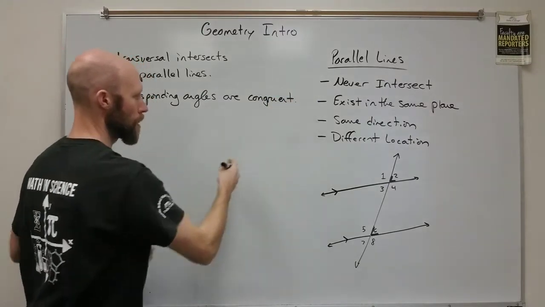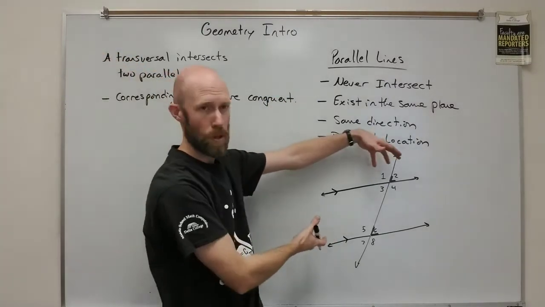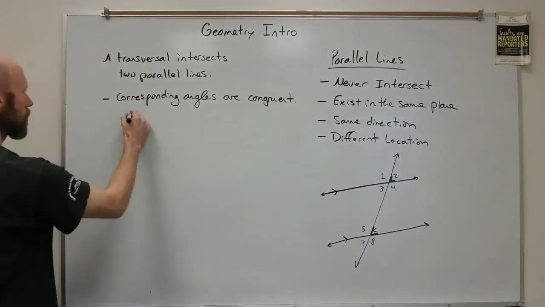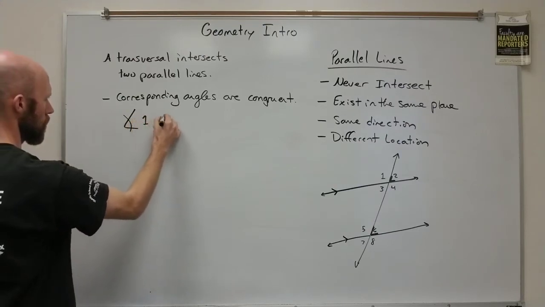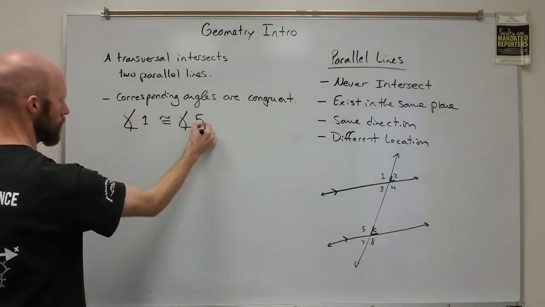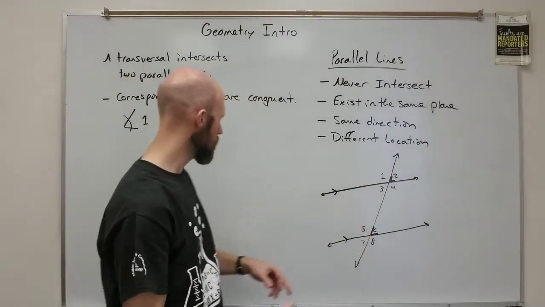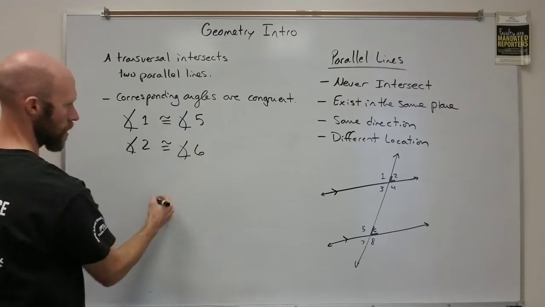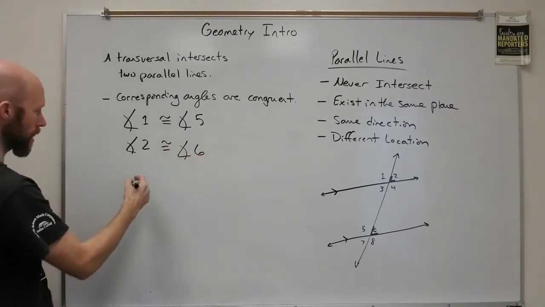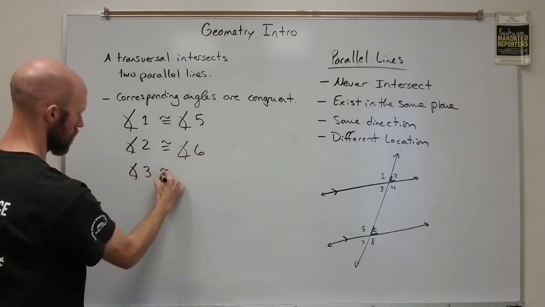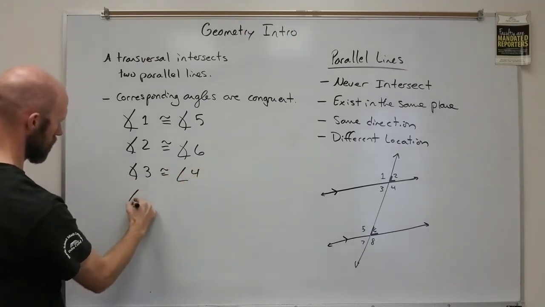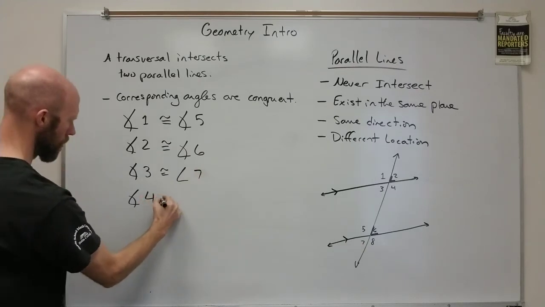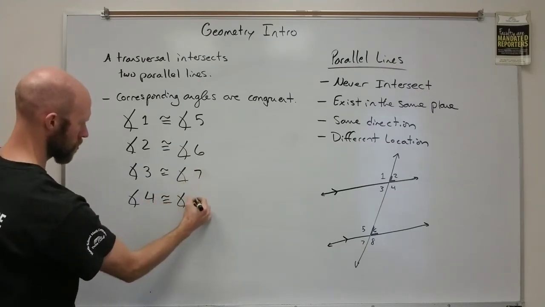Okay, and so based upon that, I can get some really important relationships. I know that angle 1 is congruent to angle 5. I know that angles 2 and 6 are congruent. I know that 3 and 7 and 4 and 8, those pairs. Oh, 3 and, what did I say, 3 and 7? And 4 with 8.